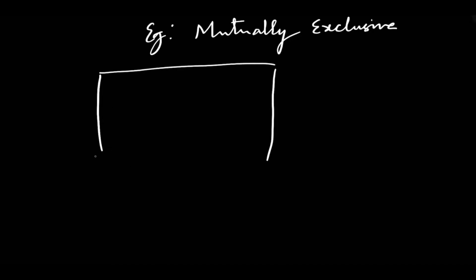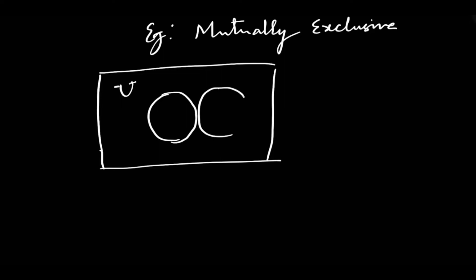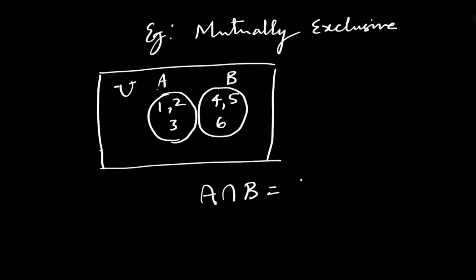This is the universal set, and this is set A, set B. If there are no items which are common to both, then this is called mutually exclusive sets, because their intersection is a null set. Here A intersection B is a null set or a void set. There are no elements which are common to both the sets.